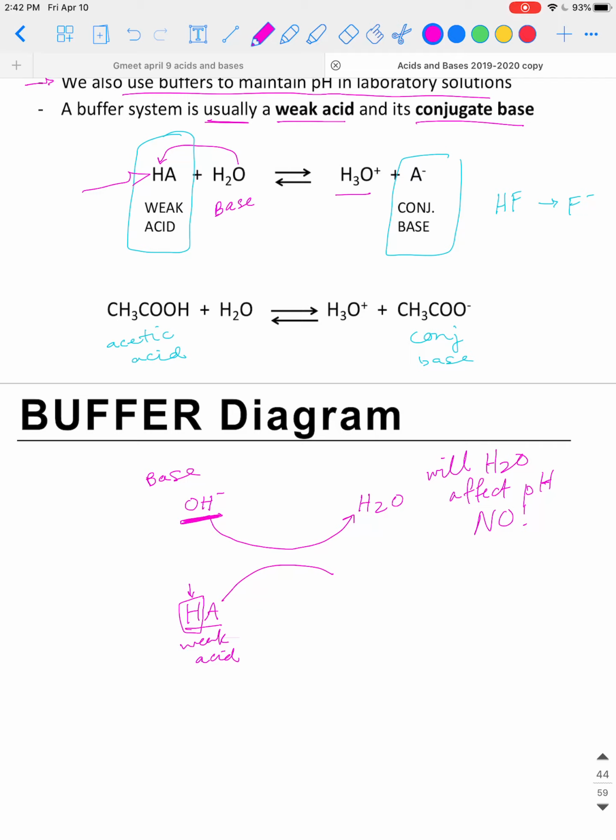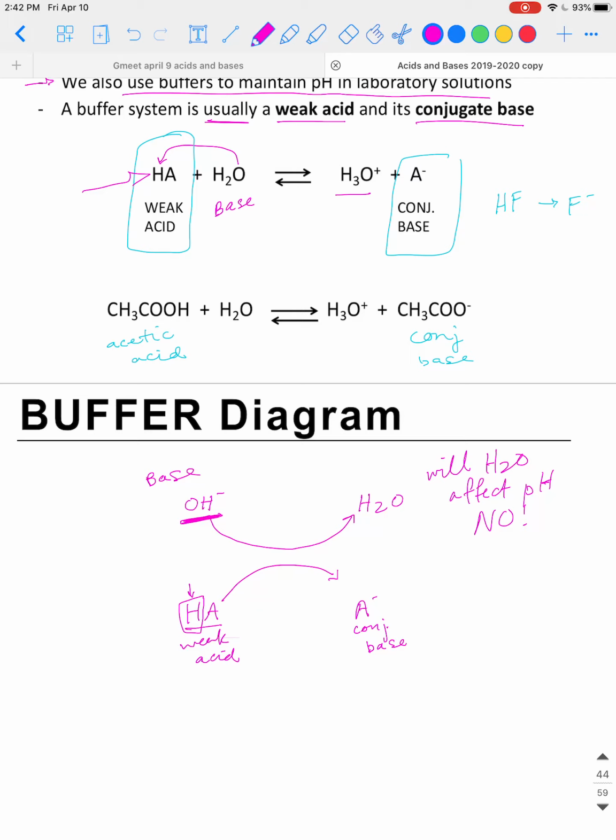Every time one molecule of weak acid donates a hydrogen, what's left over is a molecule of conjugate base. Okay? This is the conjugate base. So that is how a buffer would respond to the addition of a base to solution.